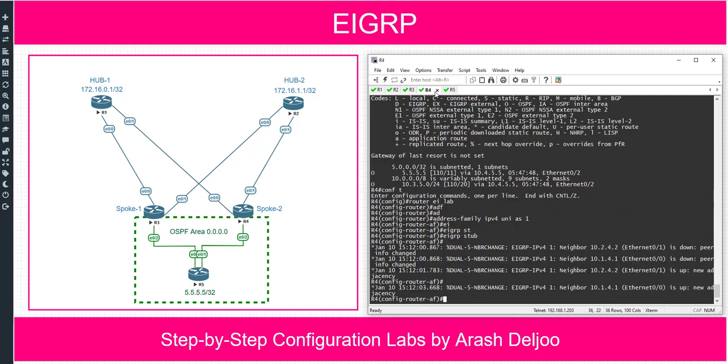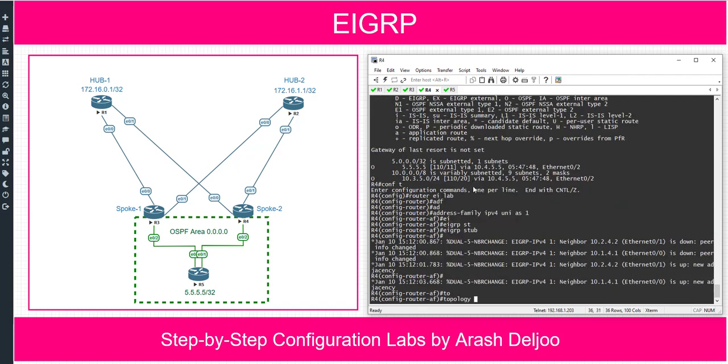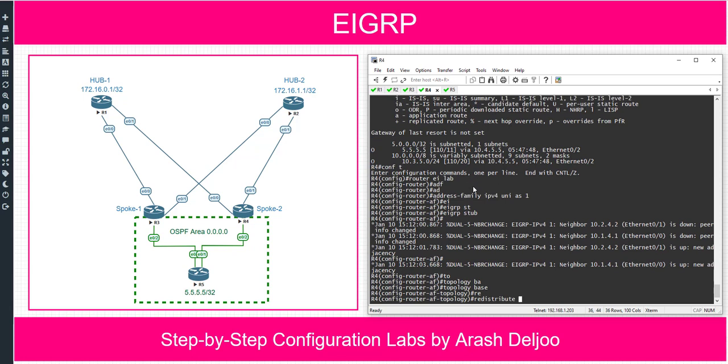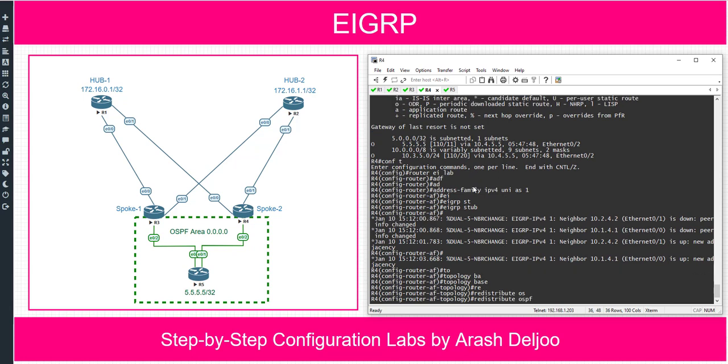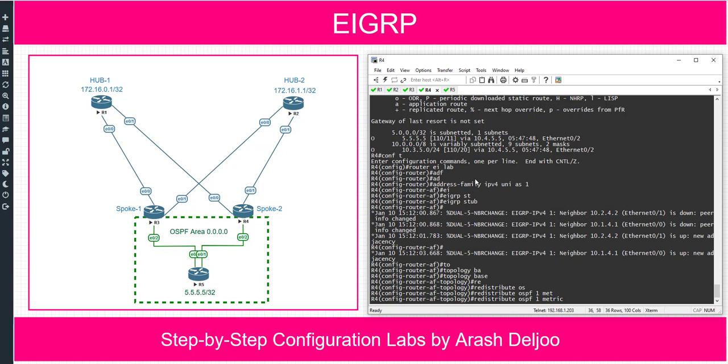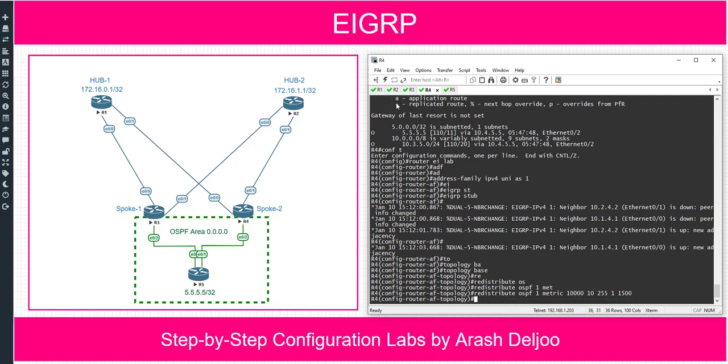And also in router 4, let me go to the topology base, and then we can use the redistribute command, redistribute ospf 1 with the metric, for example again 10000, and then 10, 255, 1, 1500. Okay, now we have configured the redistribution, and we expect that router 3 and router 4 should advertise the OSPF networks to R1 and R2.